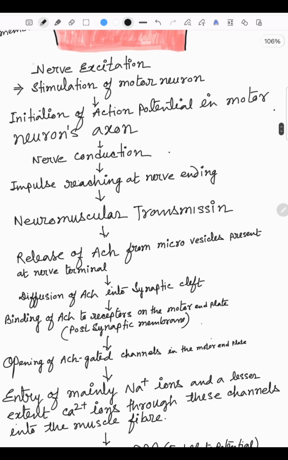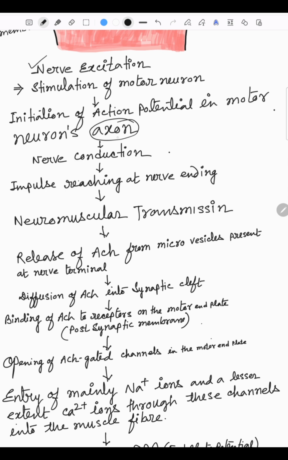So there is a nerve excitation, and for a nerve to be excited, we need to stimulate a motor neuron. There is initiation of action potential in the motor neuron's axon. Okay, so within the axon only the action potential is initiated.